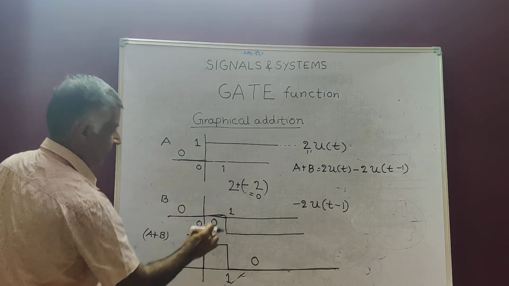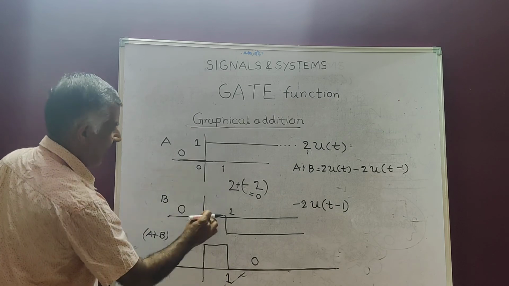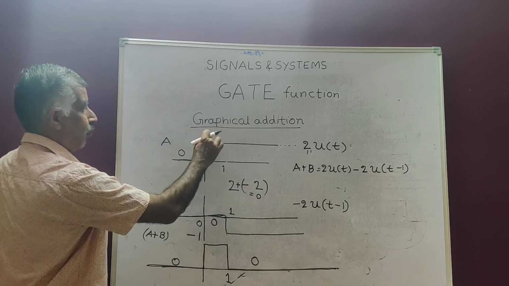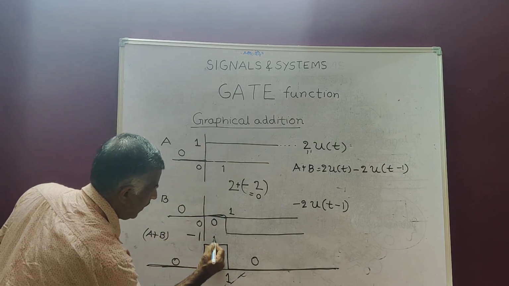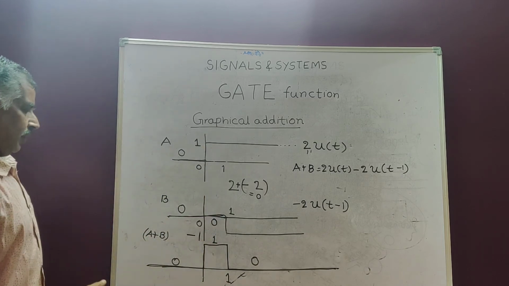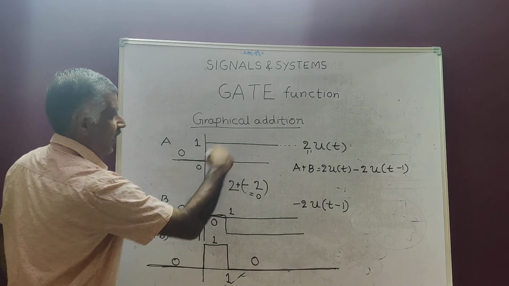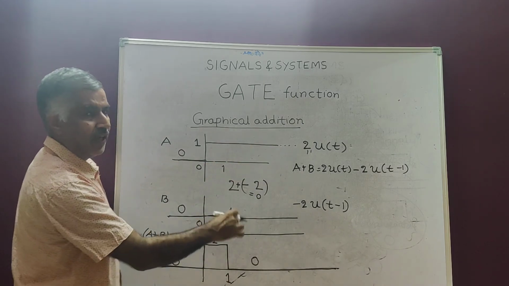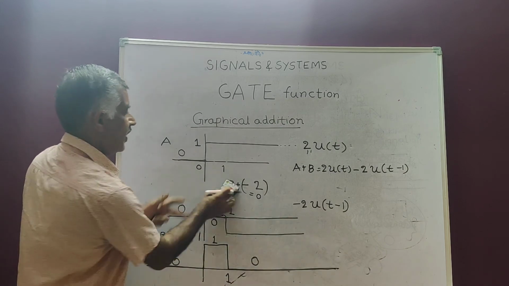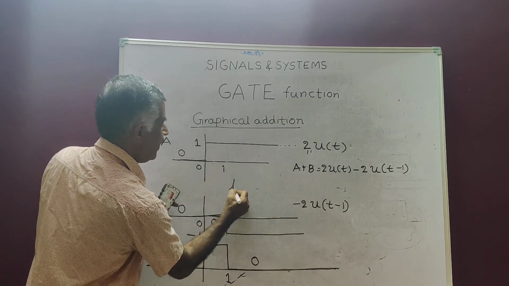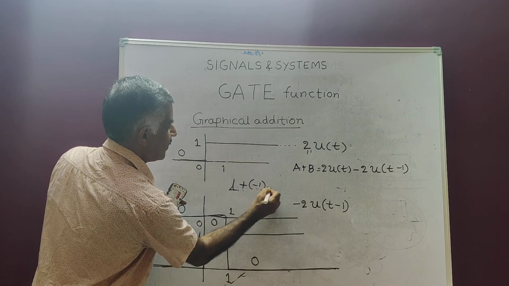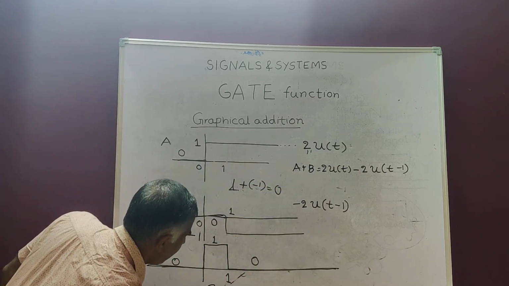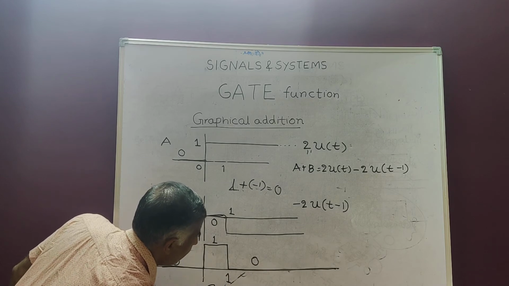Between 0 and 1, it is 1, and the other waveform's value is 0, so 1 plus 0 is 1. Then from 1 onwards, its value is 1 and minus 1, and 1 minus 1 is 0.